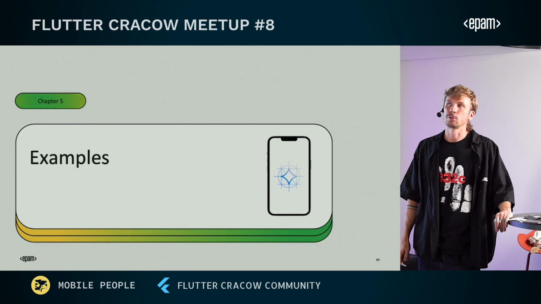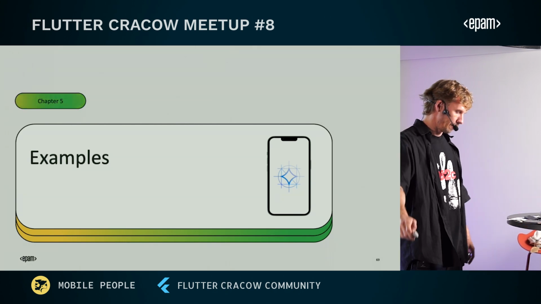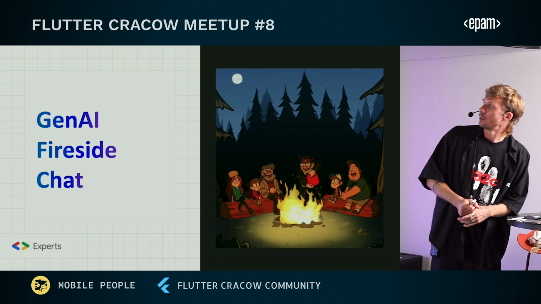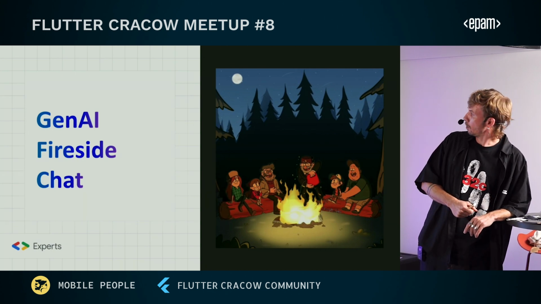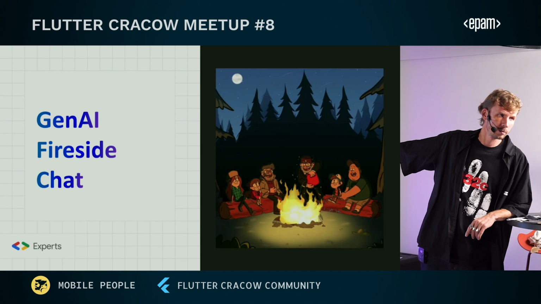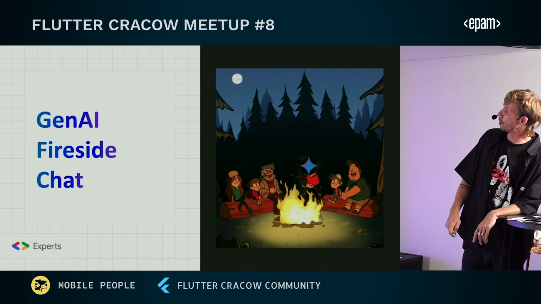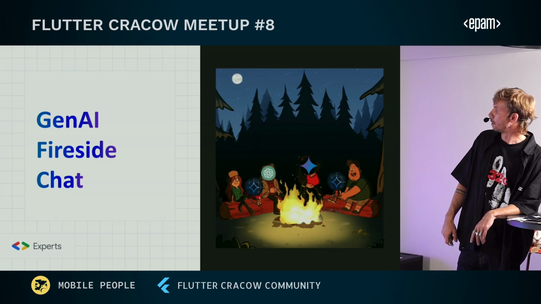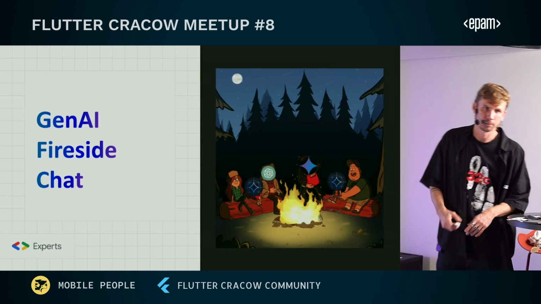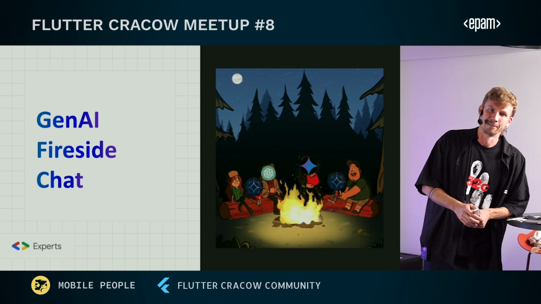And if you want to play with examples, I prepared a small example. I named it GenAI Fireside Chat. Have you watched this cartoon? Gemini, ChatGPT, Gemma, another Gemma sitting around a fireside and talking with each other without human interaction.